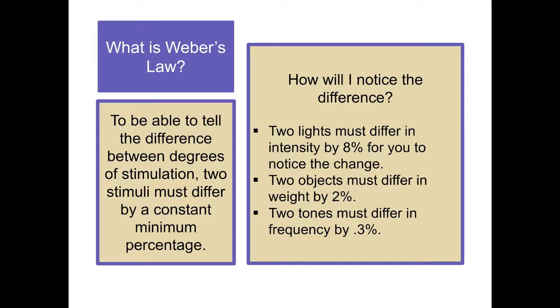So Weber's law is this idea that to be able to tell the difference between the degrees of stimulation, two stimuli must differ by a constant minimum percentage, right? In other words, unless they increase by a detectable amount, you're not going to notice that they are different.